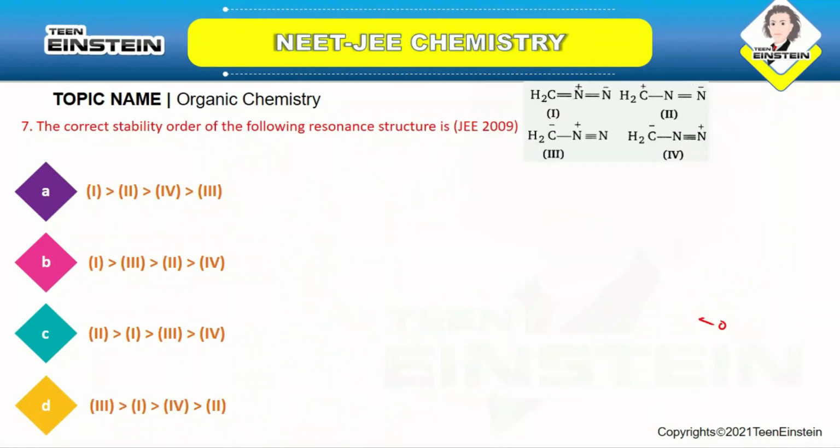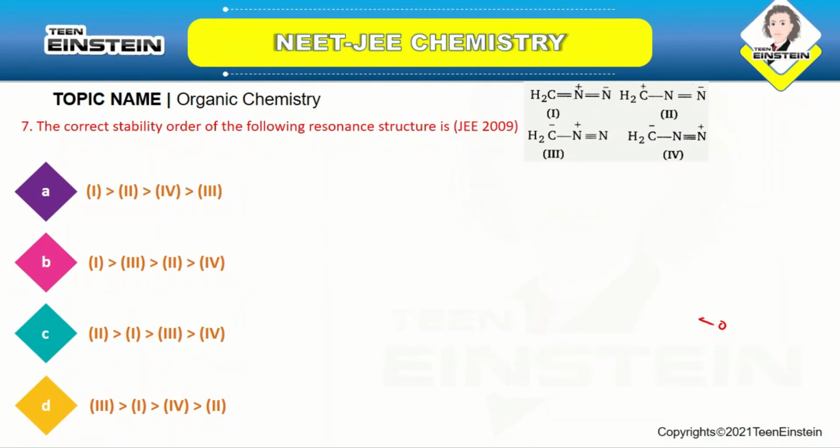Next, move on to the seventh. The correct stability order of the following resonance structures is. Here they give 4 resonating structures. We want to find out the stability order of the given resonance structures.